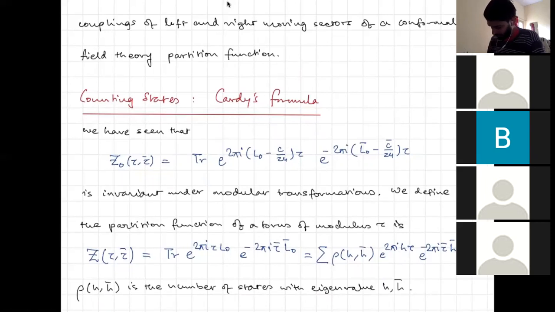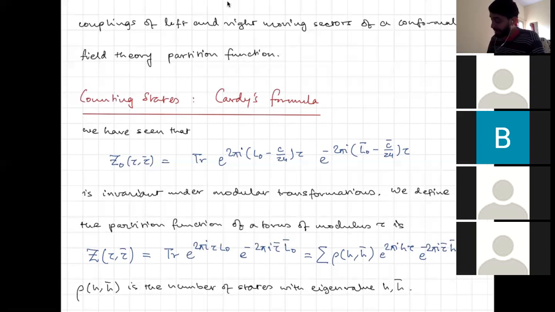We're going to strip off these central terms. So we are defining Z as a trace of e to the power 2 pi i tau L naught minus 2 pi i tau bar L naught bar. This is given by the sum over rho of h, h bar, e to the 2 pi i h tau, e to the 2 pi i tau bar h bar.